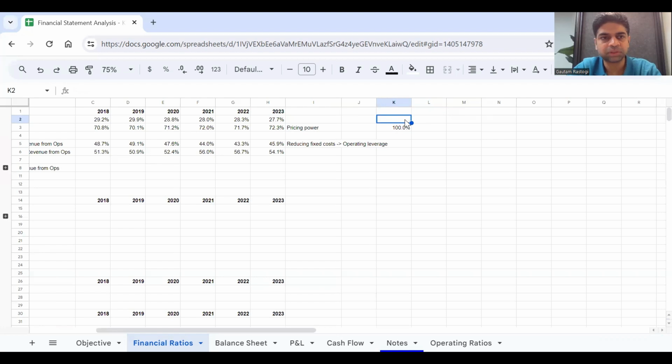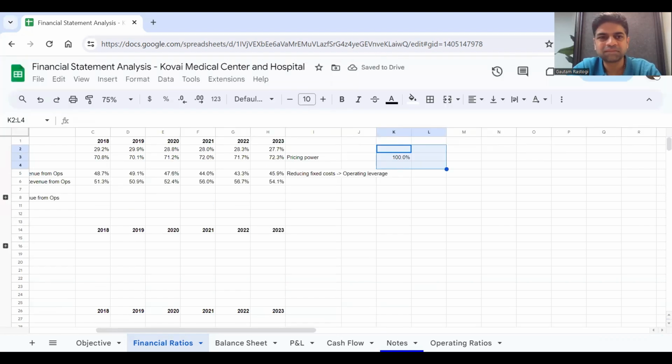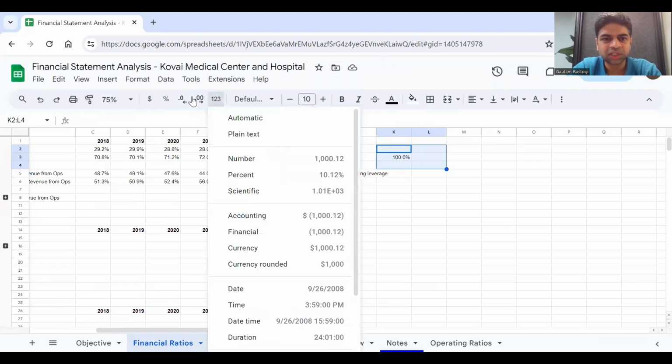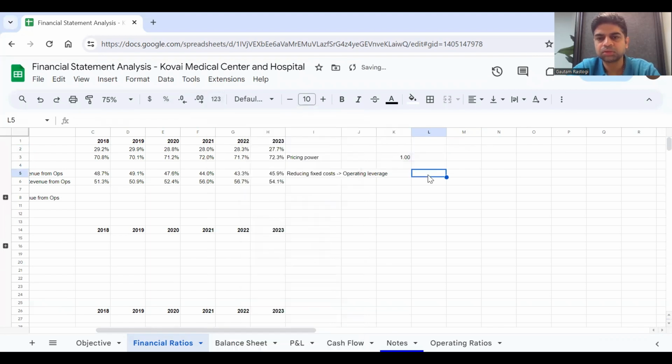I think this is a percentage, so I'll have to change it into a number. So they do sales of 100, and the cost of raw material for them is, say, 80. So what's the gross profit?